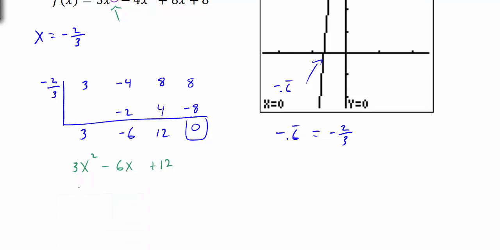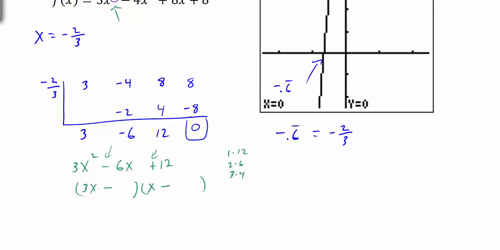If we try to factor this, we may say, well, the only option here is 3x and x to get 3x squared. Now for the 12, you could go 1 and 12, 2 and 6, 3 and 4, and we know this is a positive, so both signs are going to have to be negative because this sign here is positive and this one is negative.